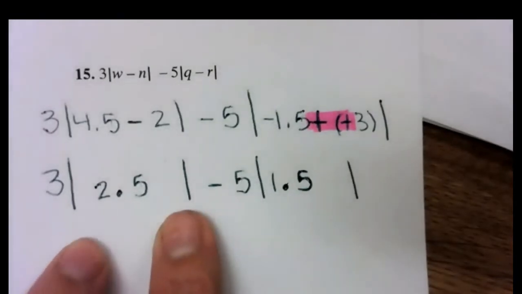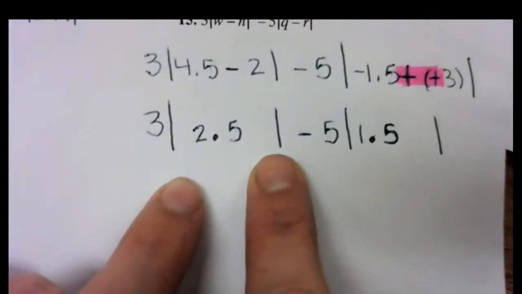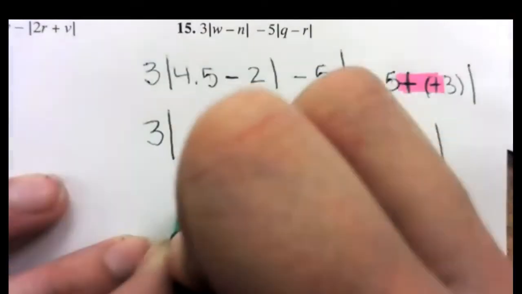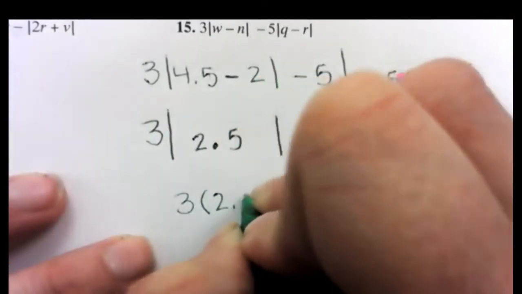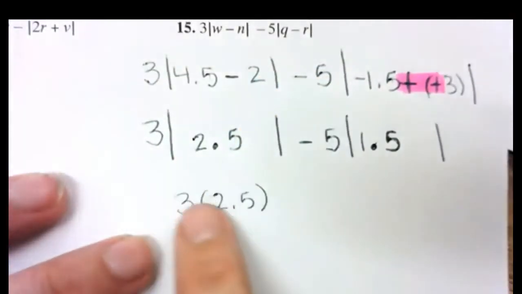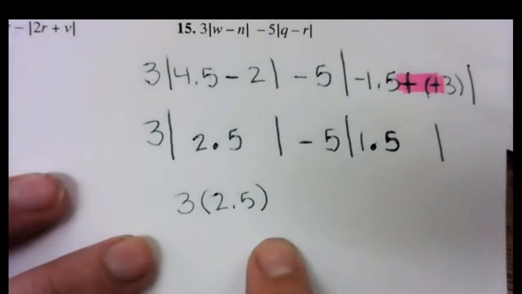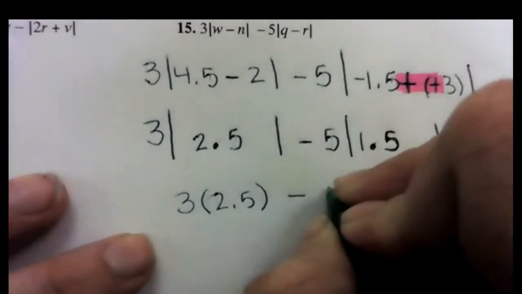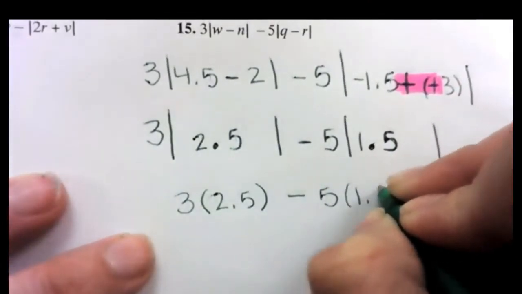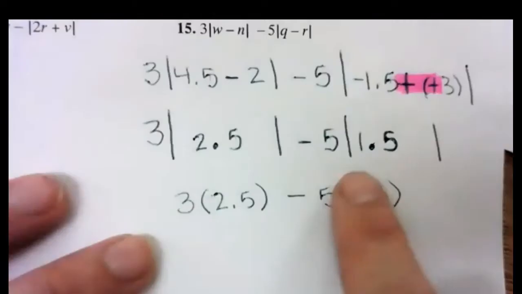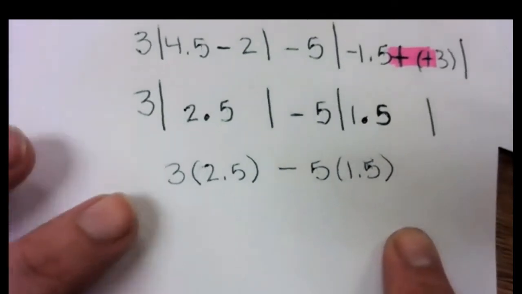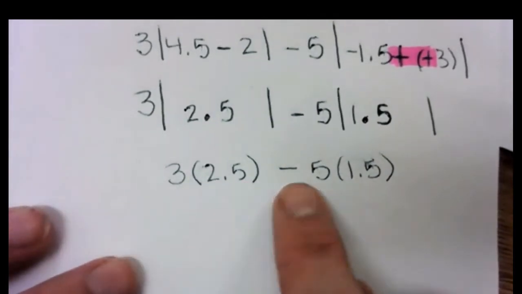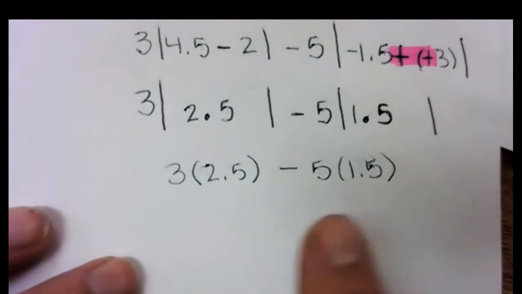Now the absolute value of 2.5 is 2.5. So this becomes 3 times 2.5. The absolute values become parentheses or multiplication. Minus 5. Now order of operations says we multiply.